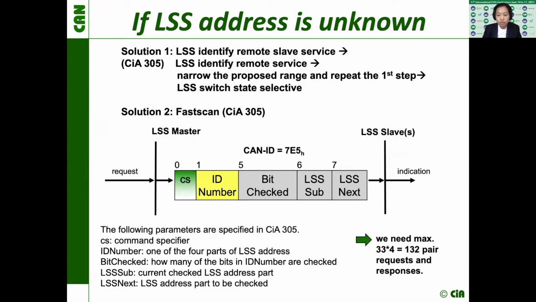Briefly, the LS manager proposes a vendor ID and a product code, and a range for the revision number and the serial number. Then the LS manager narrows the proposed LS address range. After several scan cycles, the LS manager can have a single LS address.